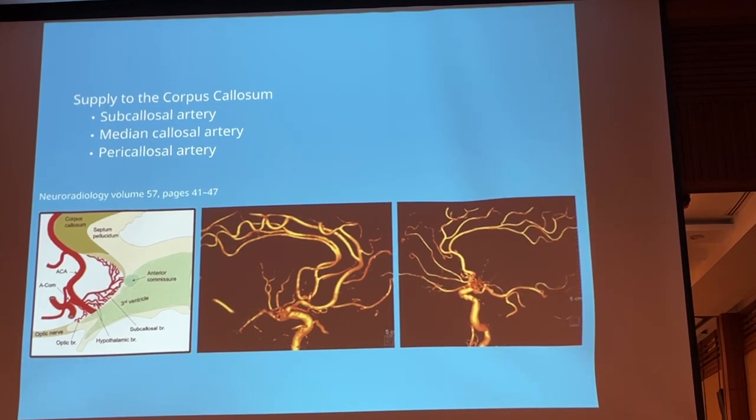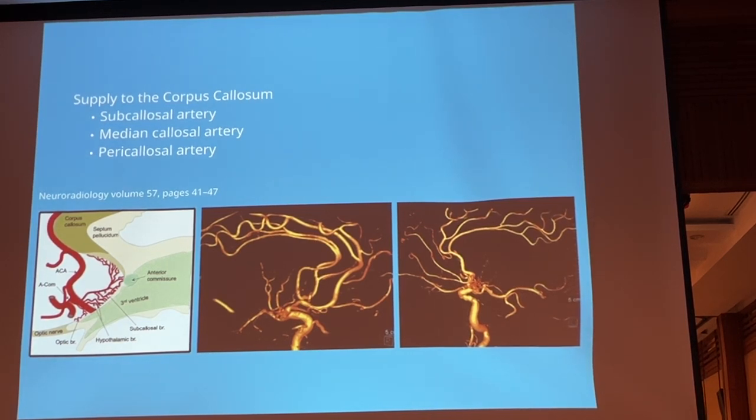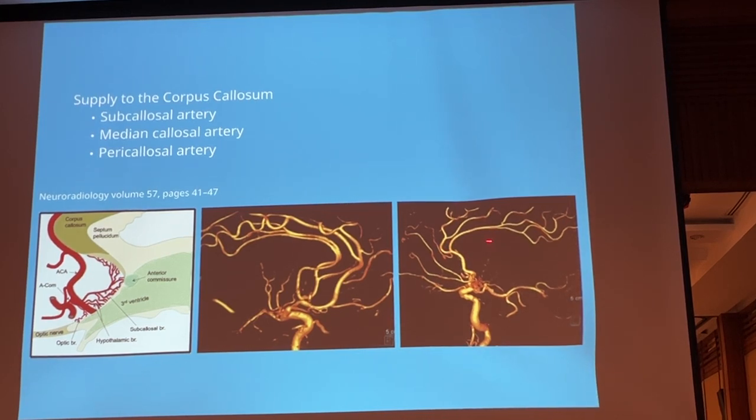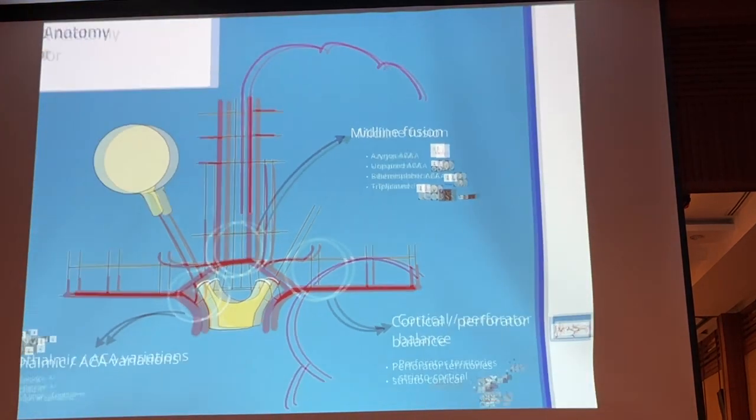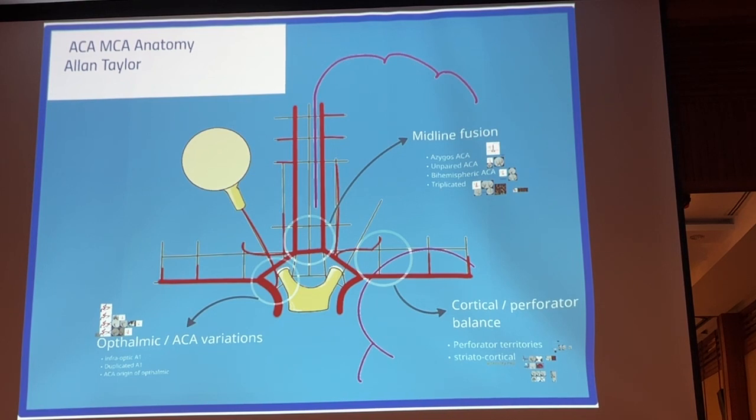And there's even variations on this, in that you can have this vessel in the sulcal space, and you can have a small vessel that's supplying the corpus callosum by itself. All right, so those are the variations that take place at the level of the midline.